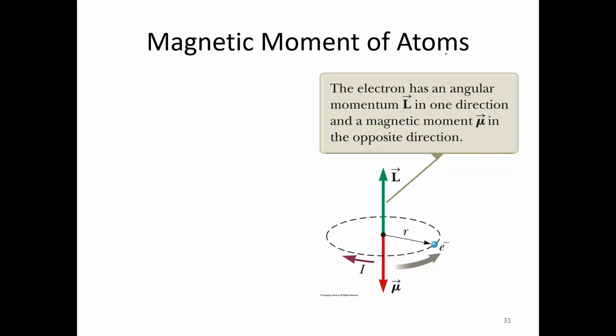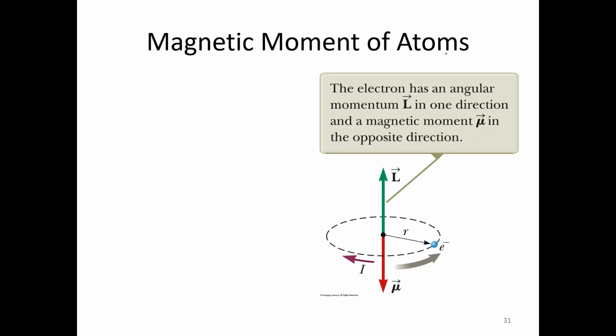So picking up on our final lecture of chapter 30 about sources of the magnetic field, we're going to start out by talking about the magnetic moment of atoms. If we think of an electron circling an atom in the simplest cartoonish way, we would think about an electron going in a circular path around the center of our atom.